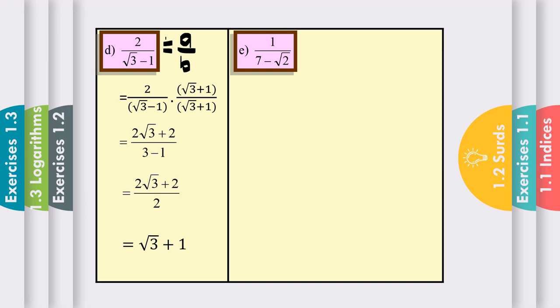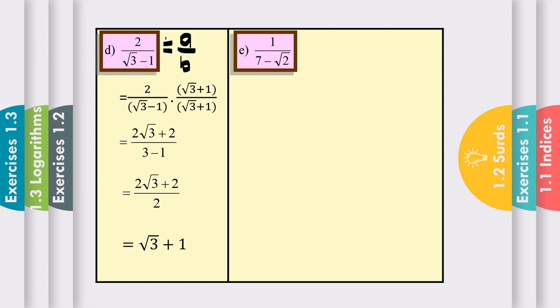Try to expand the bottom: square root 3 times square root 3 is going to be 3, negative square root 3, positive square root 3, and the last part negative 1 times 1 is minus 1. Then we try to simplify 2 square root 3 plus 2 over 2. Then we try to simplify again. The last answer is square root 3 plus 1.